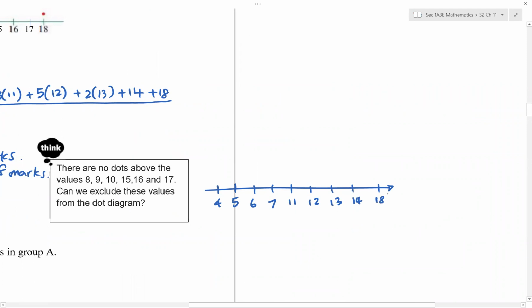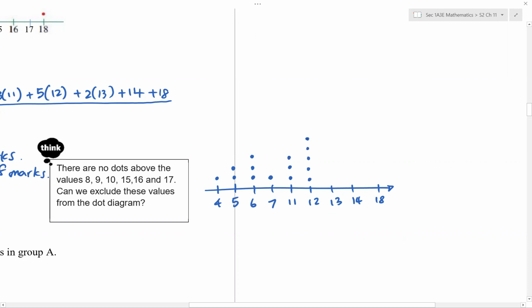And then the dots above them, okay, there are 2 instances of 5, 3 instances of 6. We've got 1 instance of 7. And then we skip the 8, 9, 10. We move on to 3 of the 11s. And then we've got 5 12s: 1, 2, 3, 4, 5.